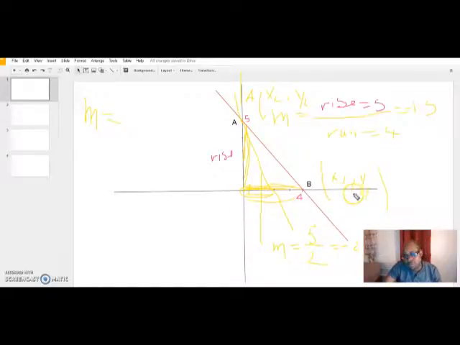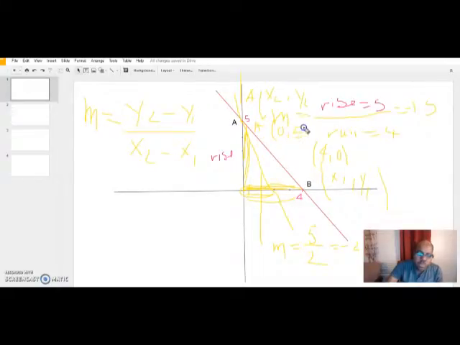So to find this out, it's going to be Y2 minus Y1 over X2 minus X1. Understand, when I say Y2 for this one, B is going to be 4, 0, and A is going to be 0, 5.